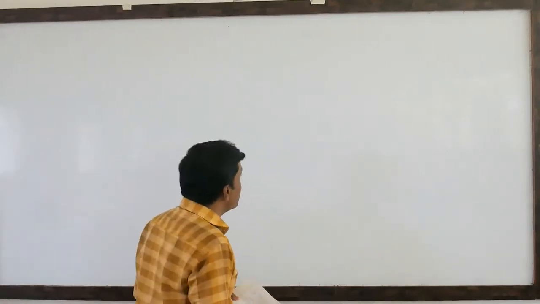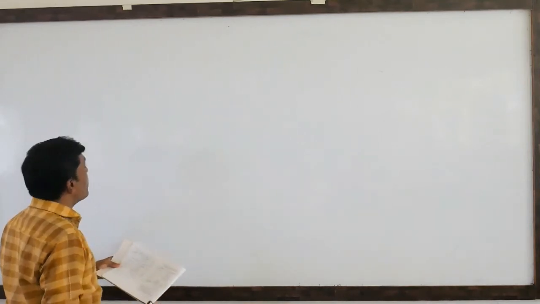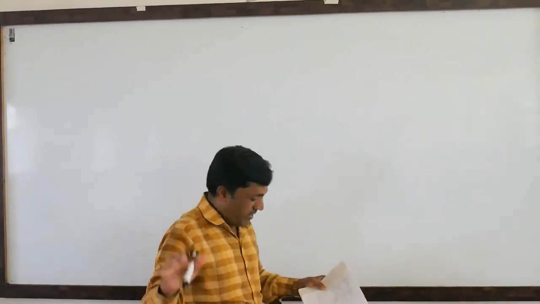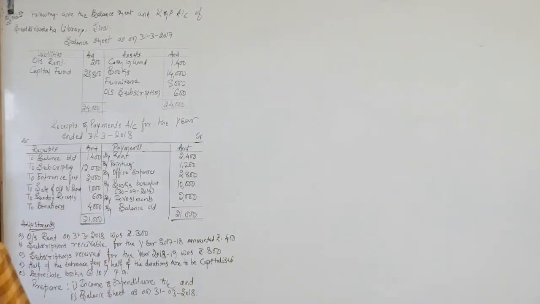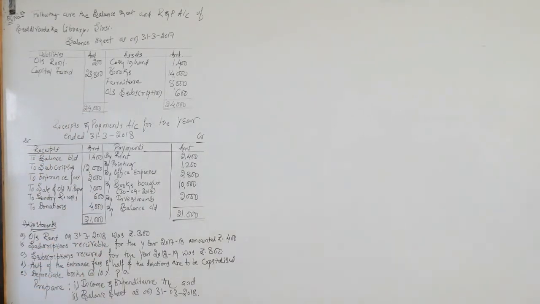Okay, dear students, what you have seen in the image, right now I am going to write this question on the board, so you can get a clear picture of today's example. Here I have written the problem that you took the screenshot of.